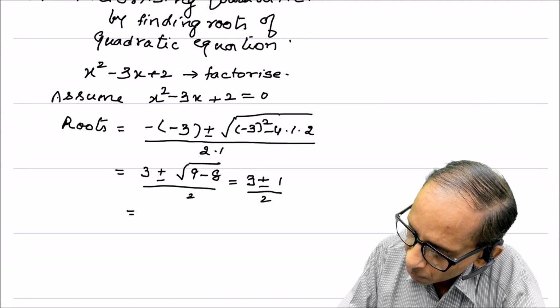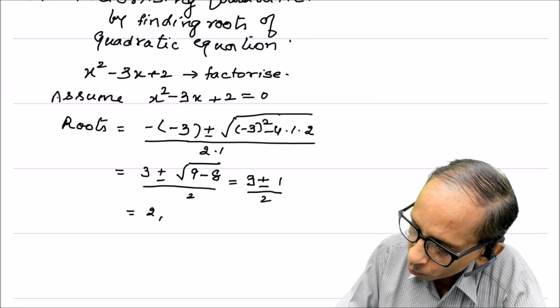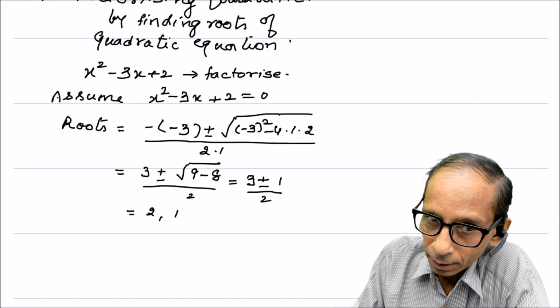So 3 plus 1 divided by 2 gives us 2, and 3 minus 1 divided by 2 gives us 1.